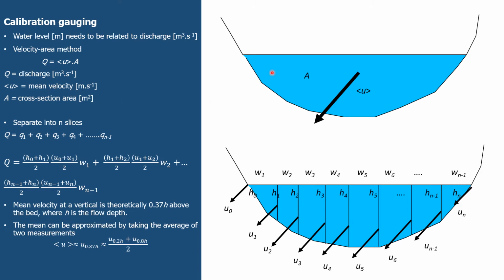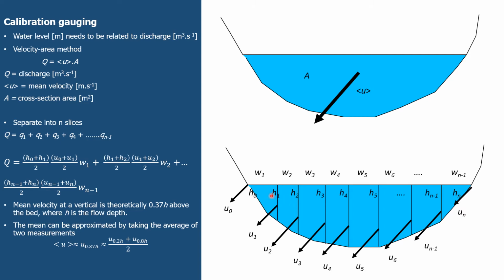Because the velocity varies across a river, it's not easy to make a single measurement of mean velocity. So a practical way of solving that problem is to separate the river into some slices. And we can do that with these vertical locations where we measure the water depth and velocity, separated into slices that have widths shown here, W1, W2, and so on.